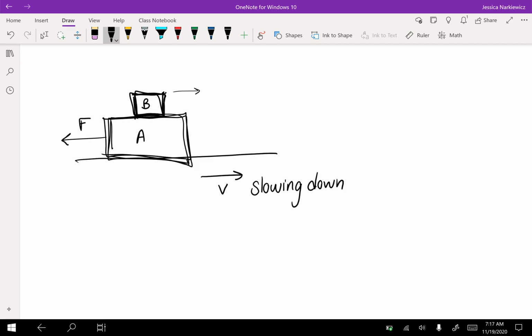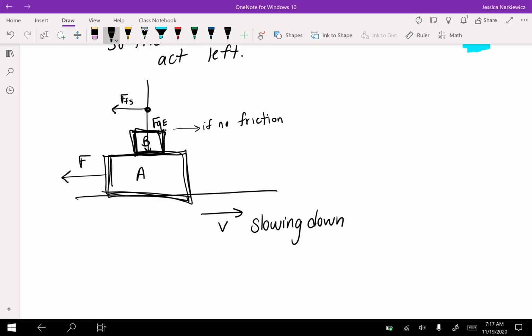So box B would slide forward without friction. Okay. But in this instance, there is friction, and box B and box A stay at rest relative to each other. So what that means is the friction force on box B must act in that leftward direction.